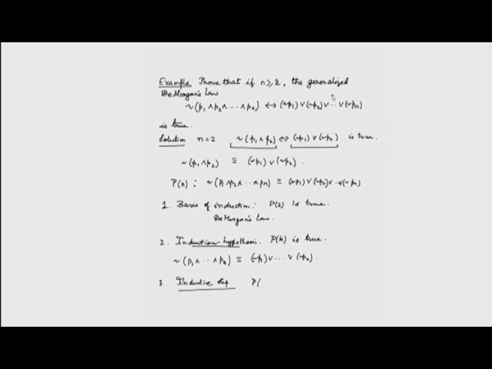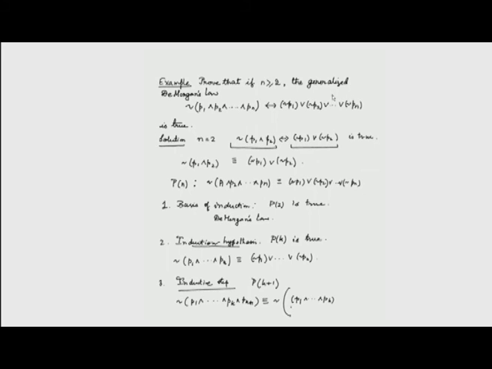So, we start with Pk plus 1 which is not of P1 and up to Pk and then and Pk plus 1, and now we see that this is equivalent to not of P1 and Pk.